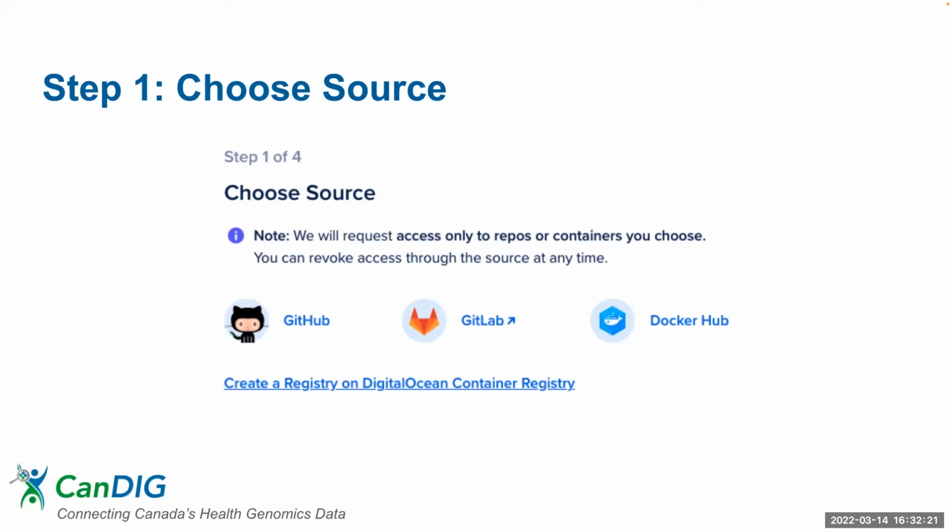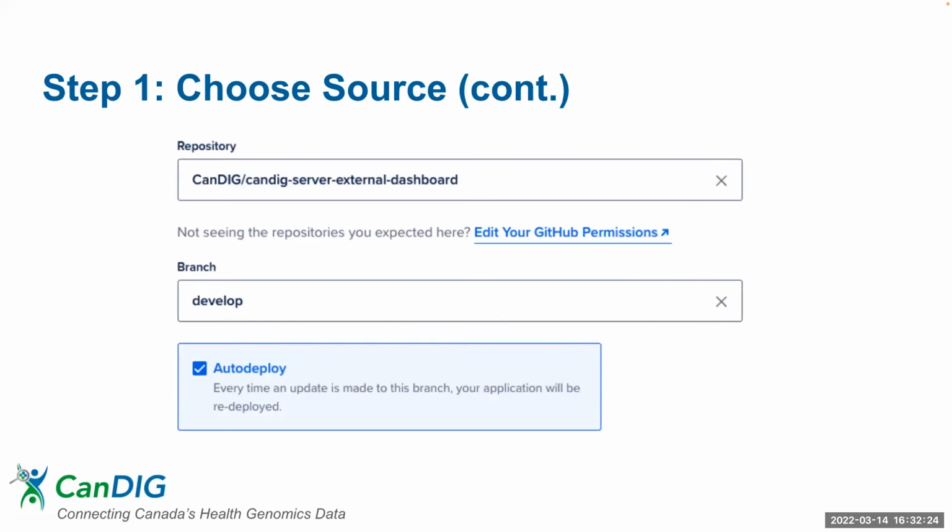And in our case, it will be GitHub. Once you grant permissions, you'll be able to select the repo and the branch. It's worth noting that it has auto deploy enabled by default.